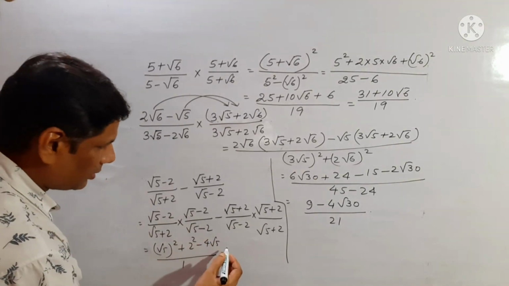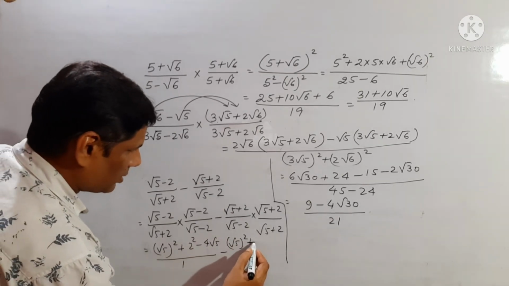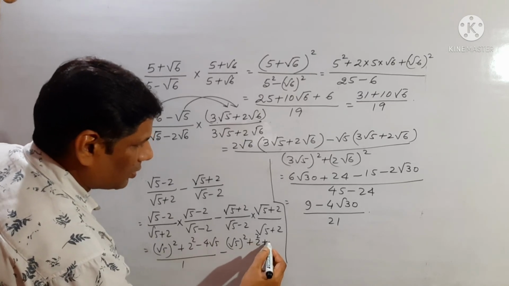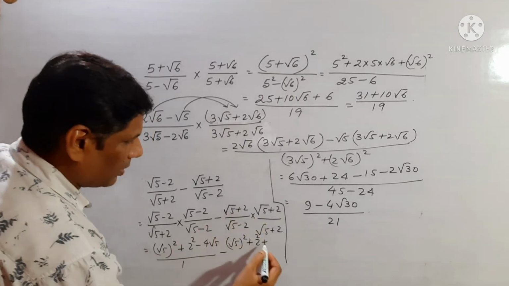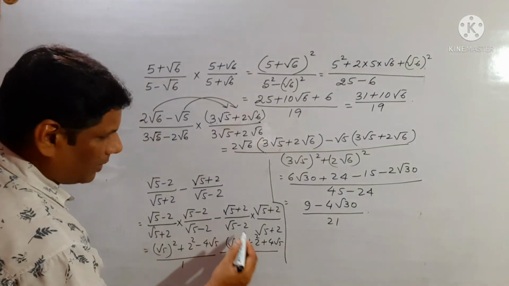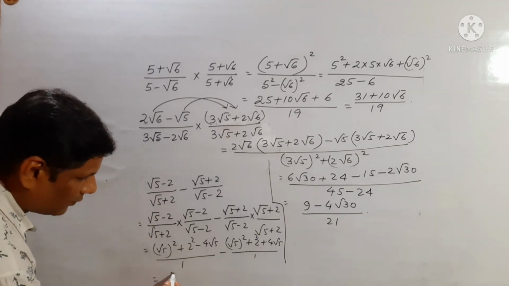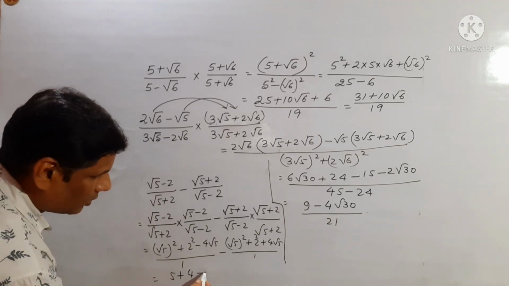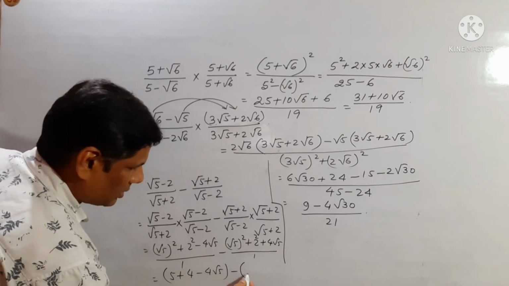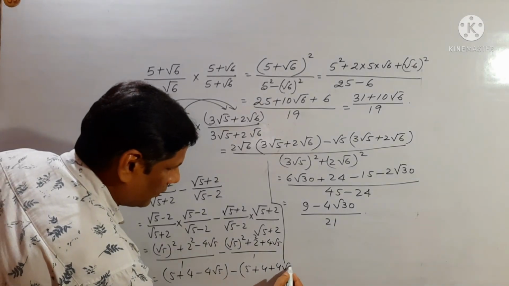Again in this part, root 5 square plus 2 square plus 2ab, that means 4 root 5, over 5 minus 4, that is 1. So this becomes 5 plus 4 minus 4 root 5, minus 5 plus 4 plus 4 root 5.